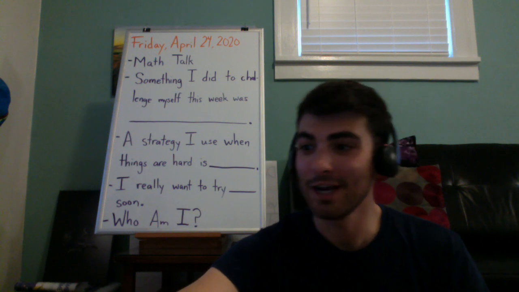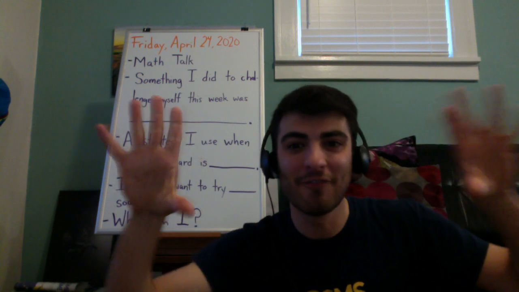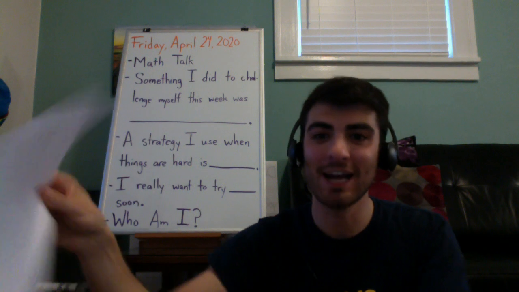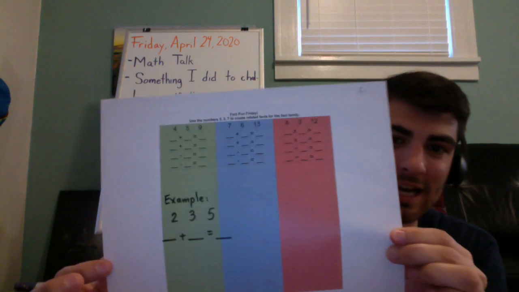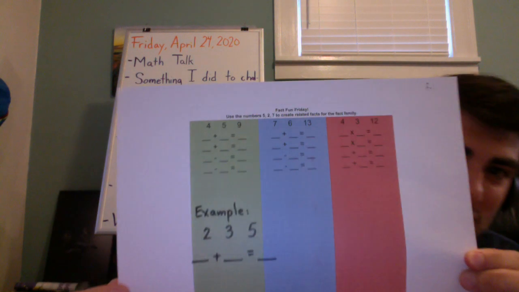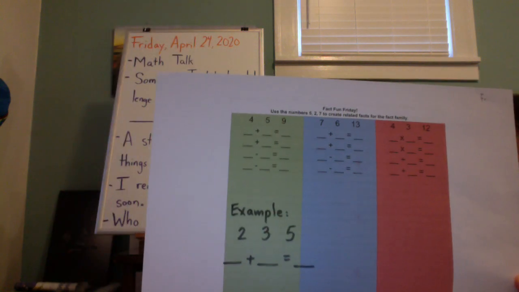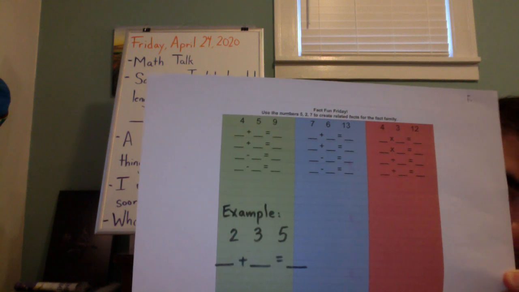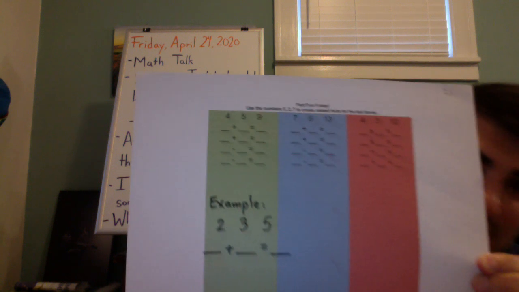All right, so for Friday, we're always going to have Fact Fun Friday. And Fact Fun Friday is going to look like this. The instructions up at the top say, use the numbers to create related facts.